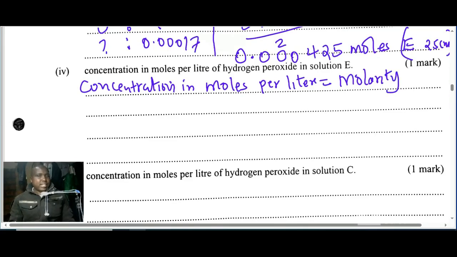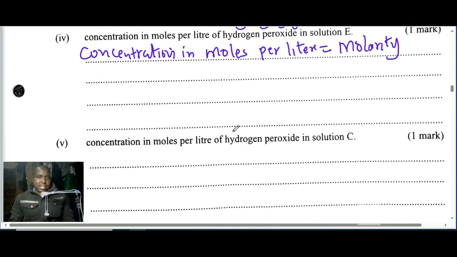And the molality is the number of moles per liter, right? So if we have the number of moles of E in 25 centimeters cube, what will be the number of moles in 1,000? Because a liter is 1,000. As simple as that.